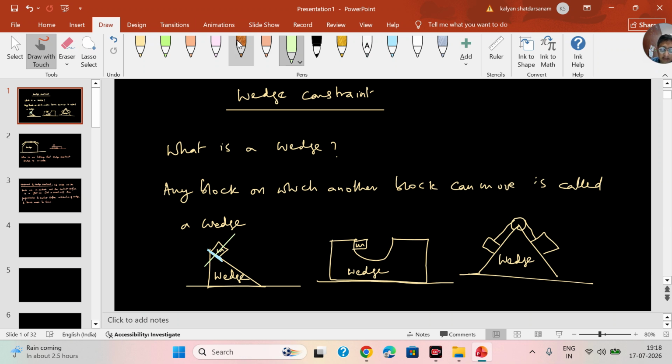To help you understand it in a much better way, I cannot apply wedge constraint here because this is a curved surface, so I will not apply it. But you look at this case, the contact surface is flat one, so perpendicular to contact surface in this direction, acceleration of block and wedge should be same if the contact is to remain.